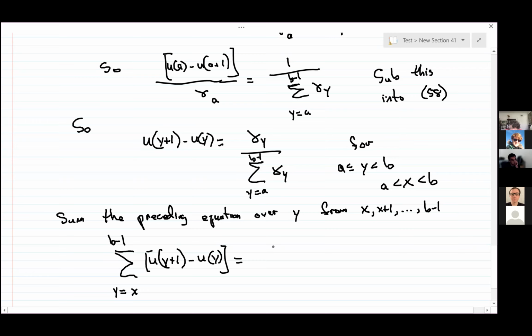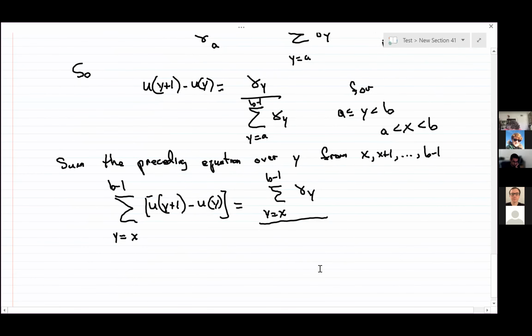So what this becomes is the summation over the variable gamma y, where y is going from x to b minus 1. Because that's where the y is a variable, but that's all over this constant, which happens to be a sum that looks like this.